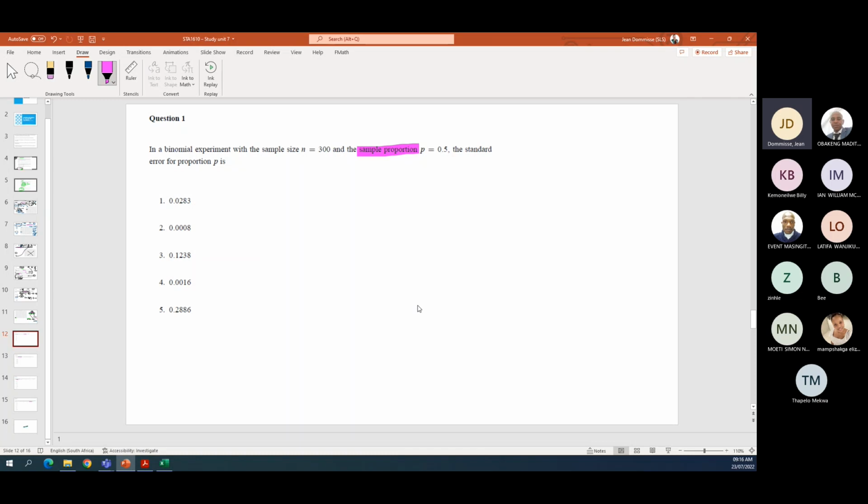So they need to tell you we're working with a population mean or a sample proportion. They can't just give you numbers and then assume that you need to know what to do, because in stats, there are always a few different ways of doing something.